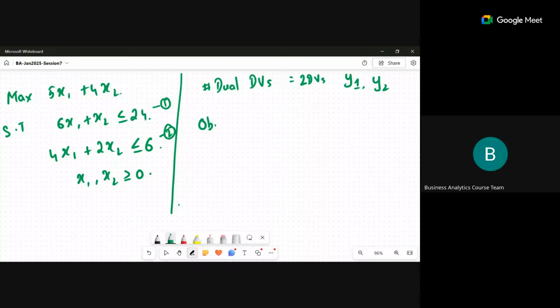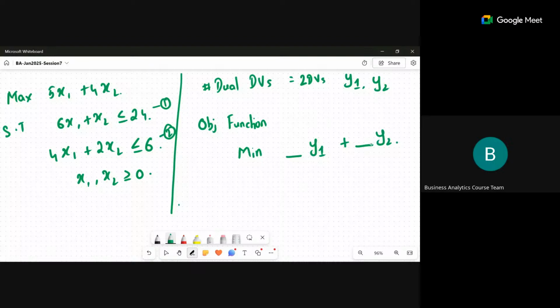What is the objective function? Objective function is to minimize. Minimize what? Some product between the two decision variables. What is going to sit here? 24 and 6.